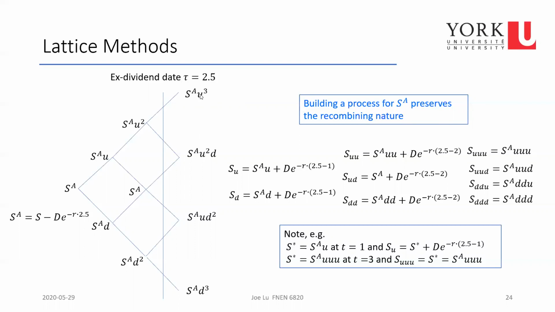SA U to the power 3, SA U to the power 2 times D, and it's K minus this, K minus this, and then you discount it back. But for here, it's not K minus this thing here, but K minus this thing plus this D here. Okay.